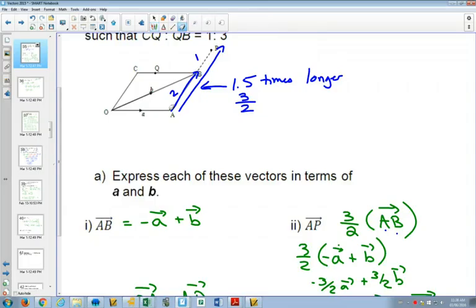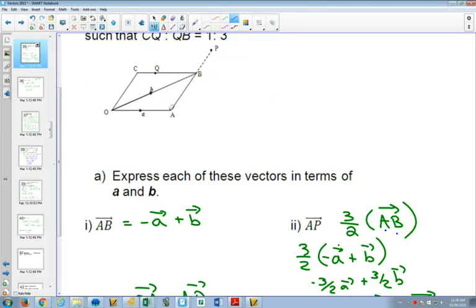Another way, if you're like, oh, that 1.5, it doesn't come naturally for me to see that A to P is 1.5, well, you could go from A to B and then say, well, what do I need to go from B to P? Well, that's half of that length.